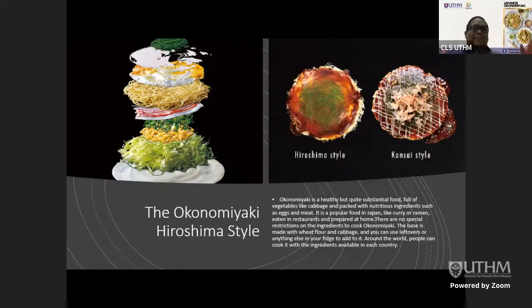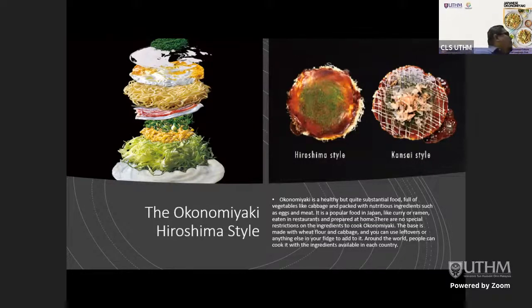Okay, so this is how okonomiyaki looks. This is a very Hiroshima style okonomiyaki, and you can see on the left photo, this is Hiroshima style, and that is Osaka style, the Kansai style.